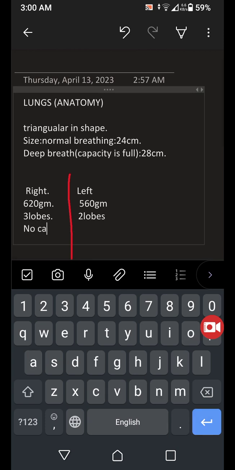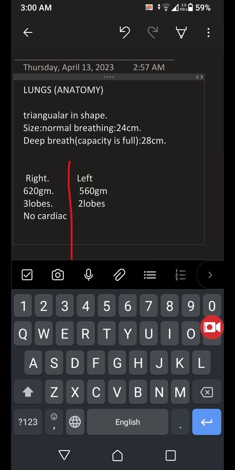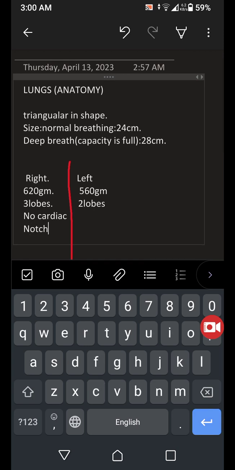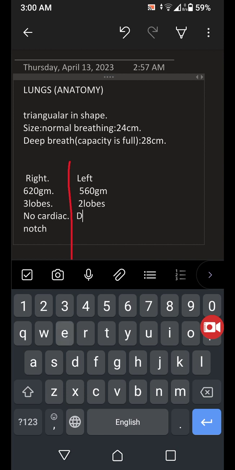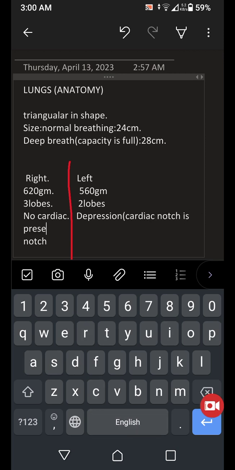Okay, in right lung there will be no cardiac notch, but in left lung a depression or cardiac notch is present, just because the left lung is just above the heart.